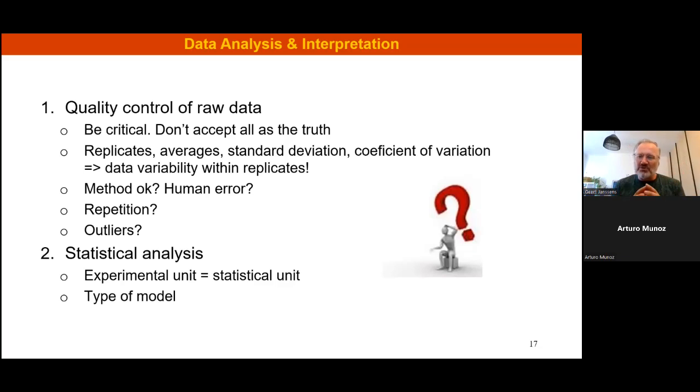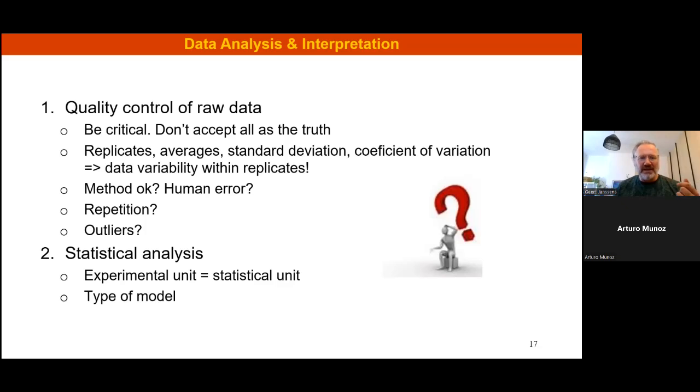So it's very important to be critical, because sometimes finding something which is contradicting your hypothesis can be the most interesting one. If you find something that doesn't make sense at all, but you find it all the time again, then you might bump into something really important. So don't accept everything as true, be critical. Always think about replicates, averages, standard deviation, coefficient of variation.